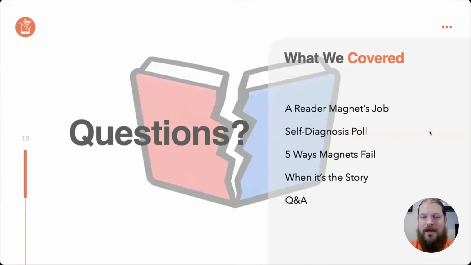I've talked about this in our 5 reader magnets every author needs webinar, so check that one out on YouTube if you haven't yet. It's very annoying to think you have a full story and find out it's only a small percentage because you weren't told. If it's a short story or novella, same thing. Make sure that's clear. Don't call it a book when it's a novelette or a novella.